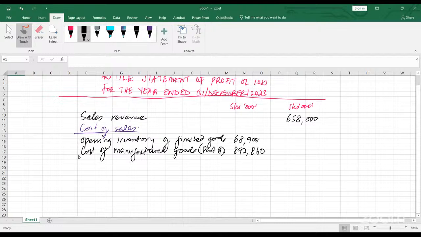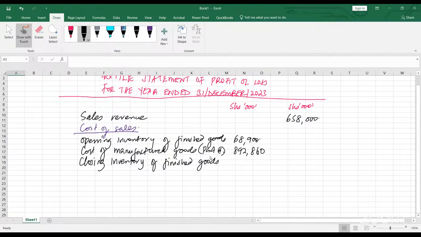So we have to less the closing inventory of finished goods. That is in the additional information. Check in the additional information, please.